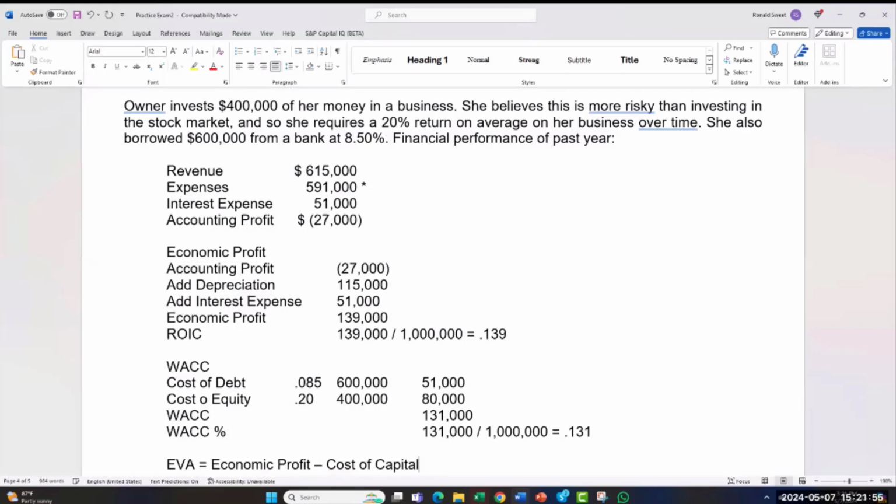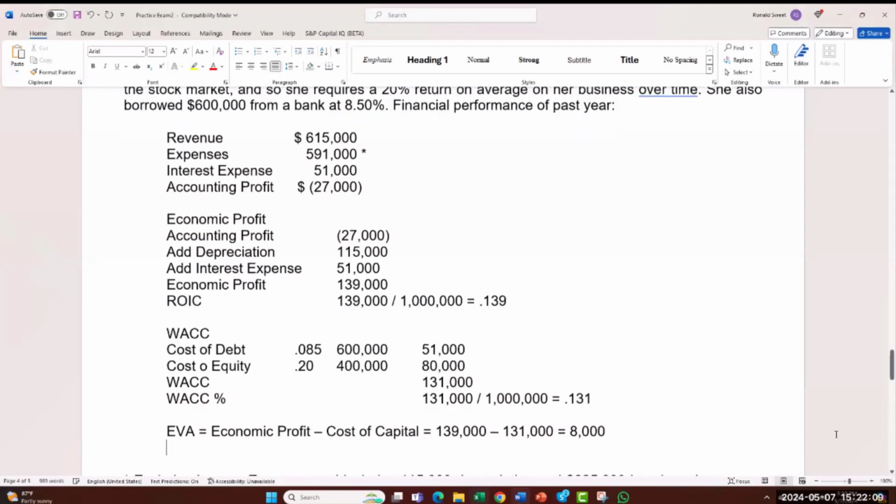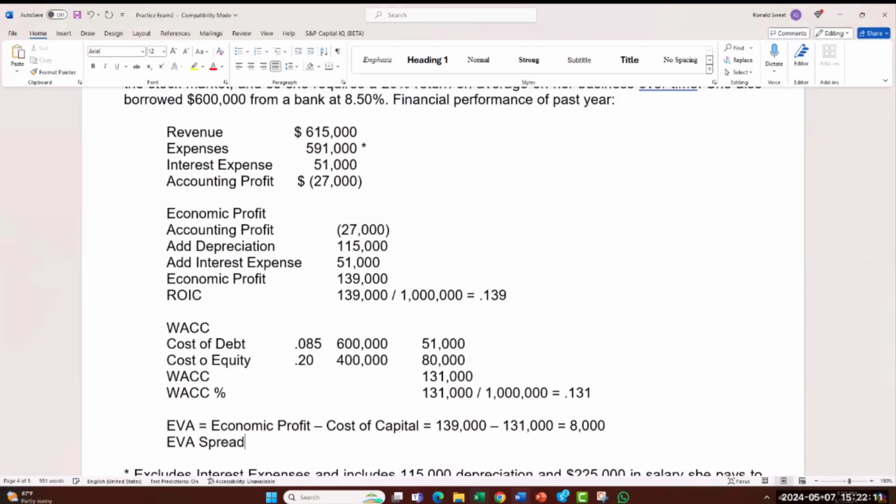And so when you do that, you're going to have 139,000 minus 131,000. And that equals 8,000 EVA. And your EVA spread equals your return on invested capital minus your cost of capital. That equals 0.139 minus 0.131, which equals 0.008 or 0.8%.